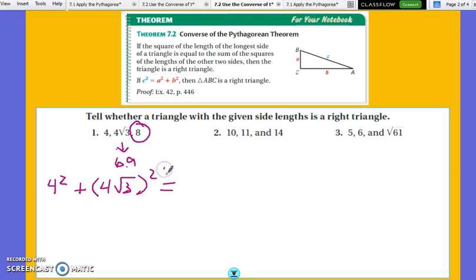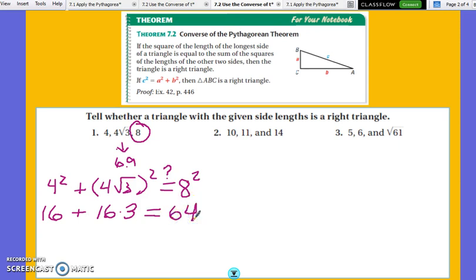I want to check to see if that equals 8 squared. So I've got 16 plus, and you guys did a few of these on your assignment, 4 squared would be 16. The square root of 3 squared is 3. We want to see if that equals 64.